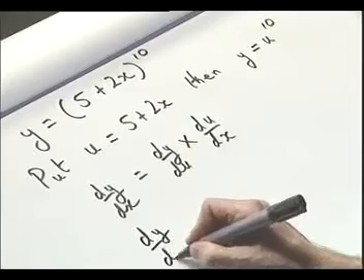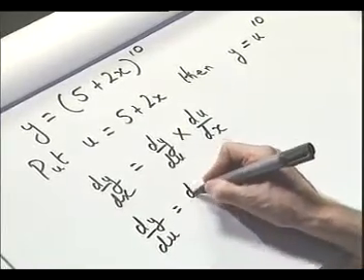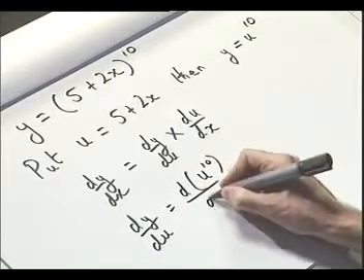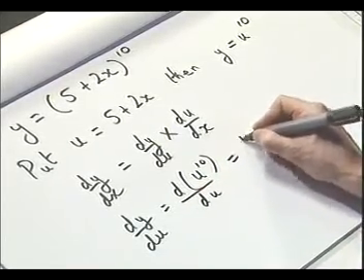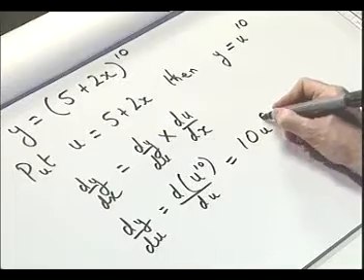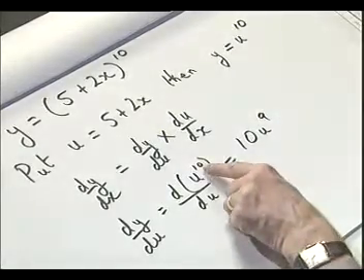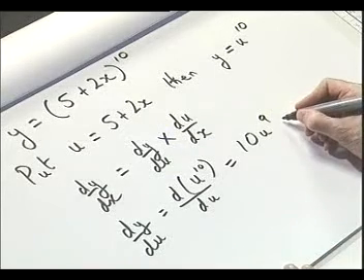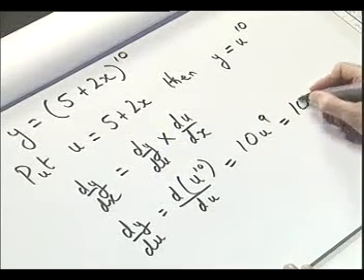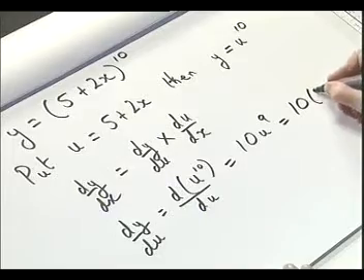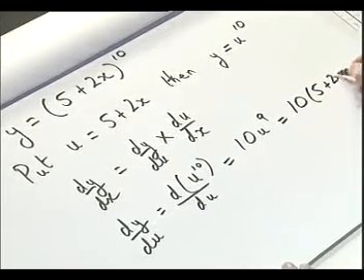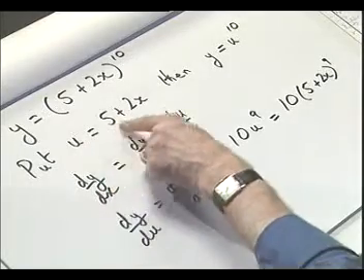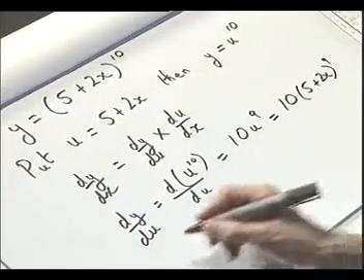dy by du is the derivative of u to the power 10 with respect to u, which is 10u to the power 9. Remember, we multiply by the index and take 1 off the index to give us 9. And so that's 10 times 5 plus 2x to the power 9, replacing the u by 5 plus 2x.